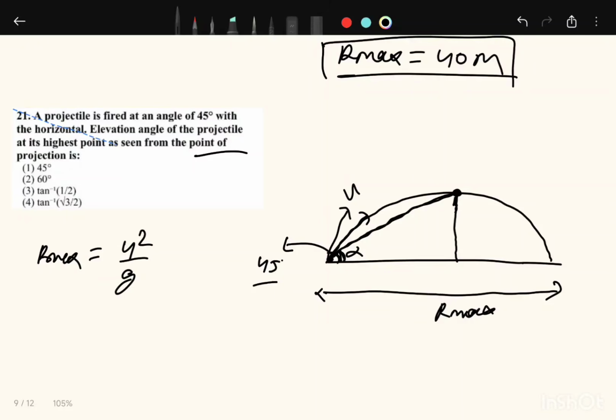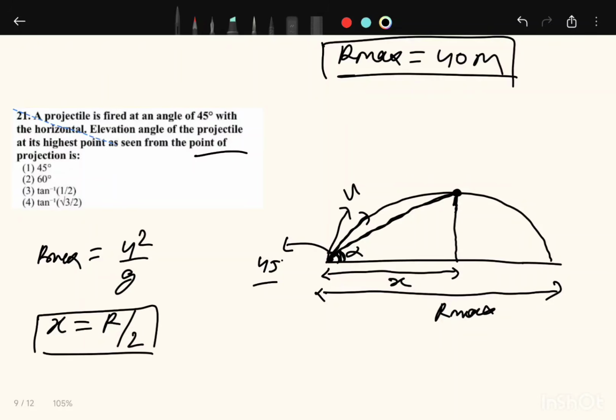I hope it is clear. So let's suppose this distance is X. So X will be R by 2, right? If this total is R, then this will be R by 2.